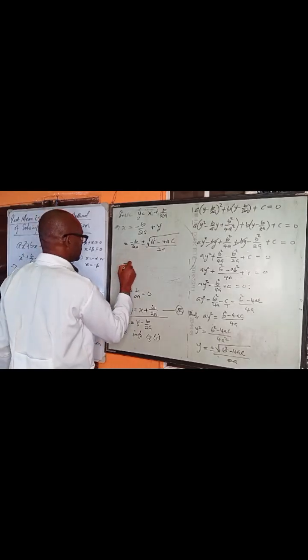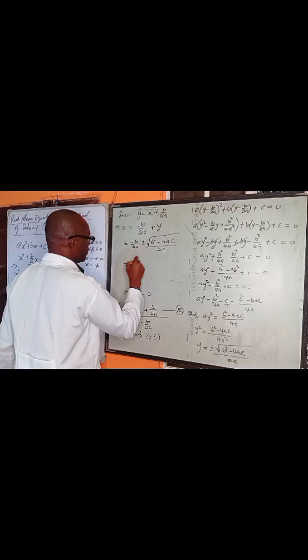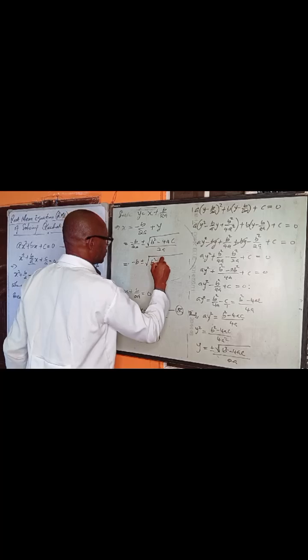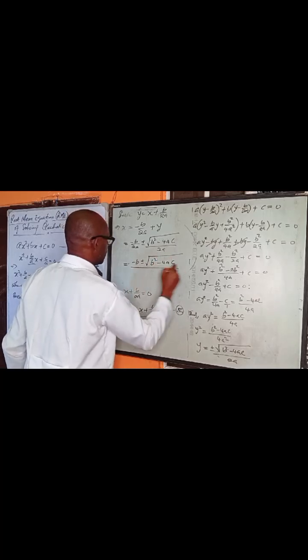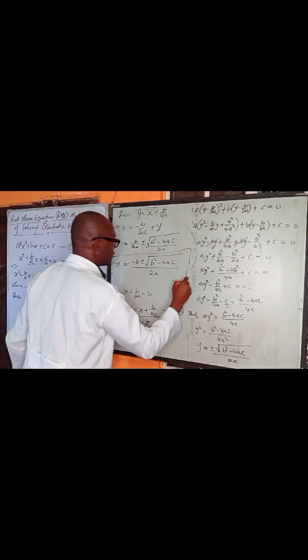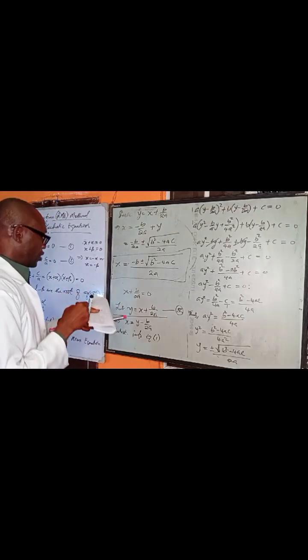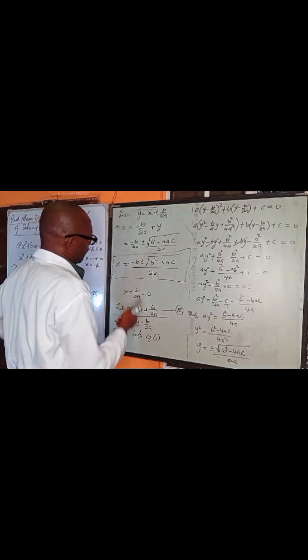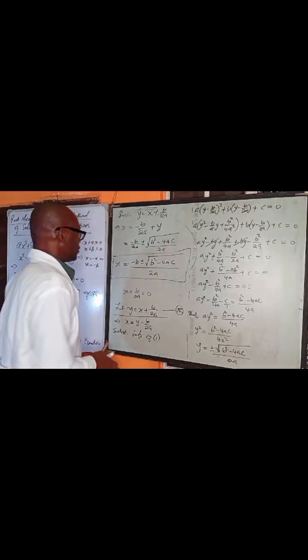So if you simplify this further, you have this is equals to minus b plus or minus square root of b squared minus 4ac all over 2a. This is our x. So now this is your usual solution for solving quadratic equation.